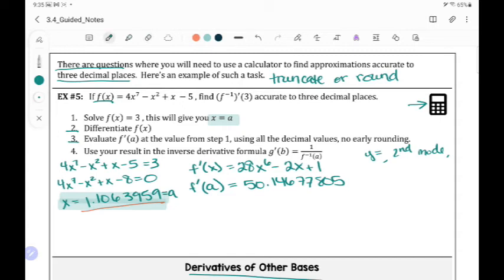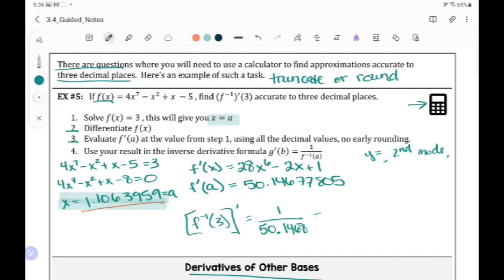And what it said in the original problem is find the answer of F inverse prime of 3 accurate to 3 decimal places. So if this is F prime of A, remember F inverse prime would be the reciprocal. So F inverse prime of 3 would equal 1 over, and we only need accurate to 3 decimal places, 50.1468.